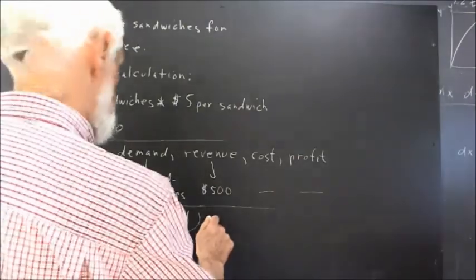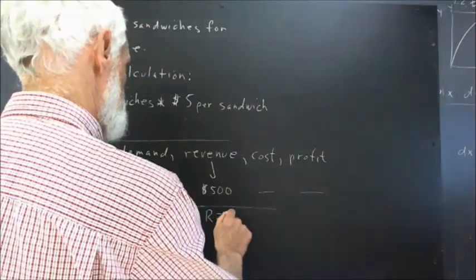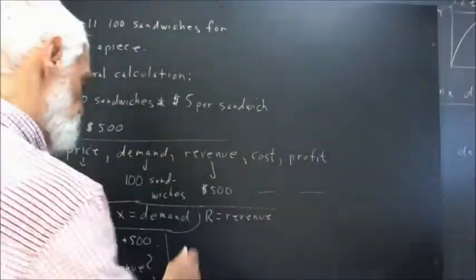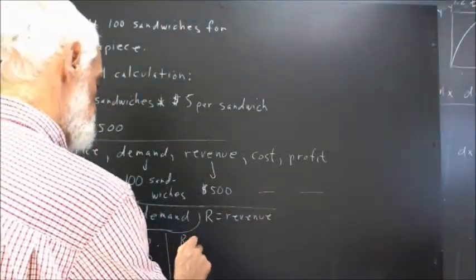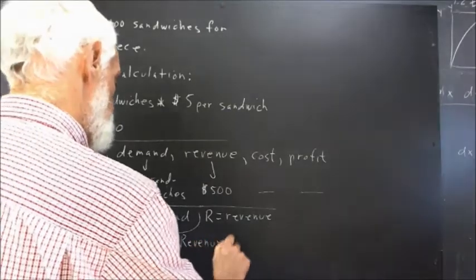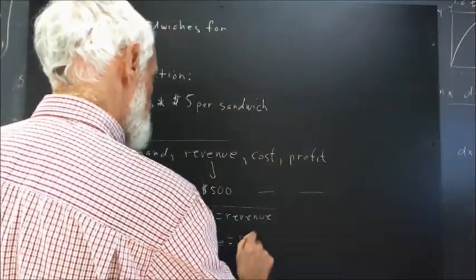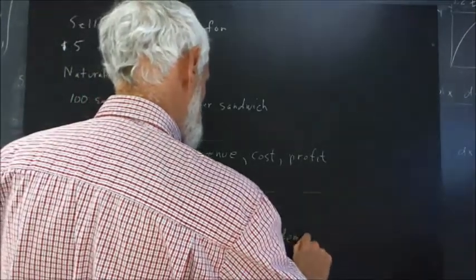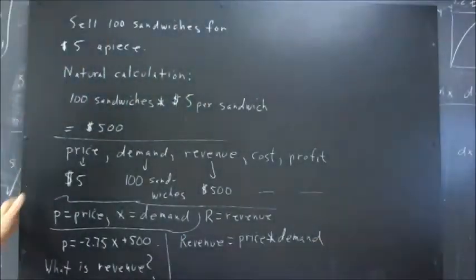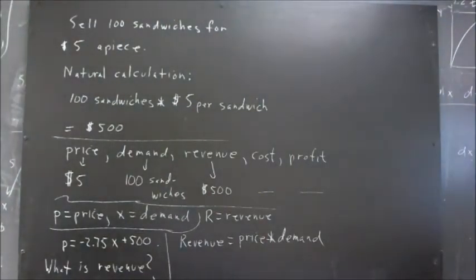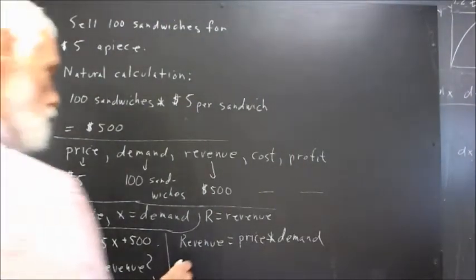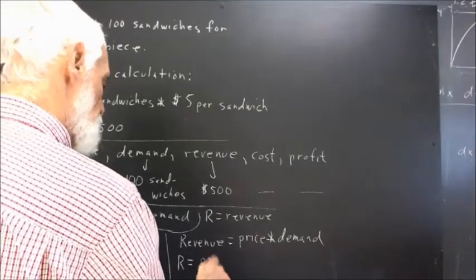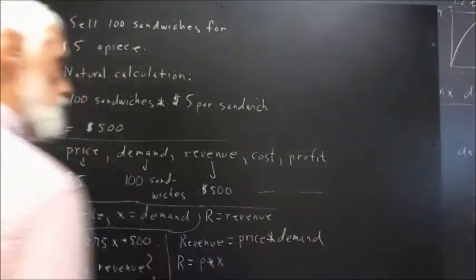So revenue equals price multiplied by demand, or R equals price times x.